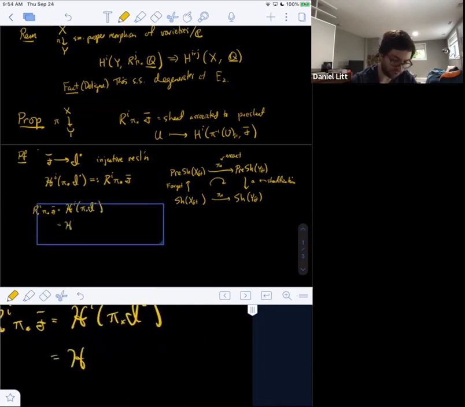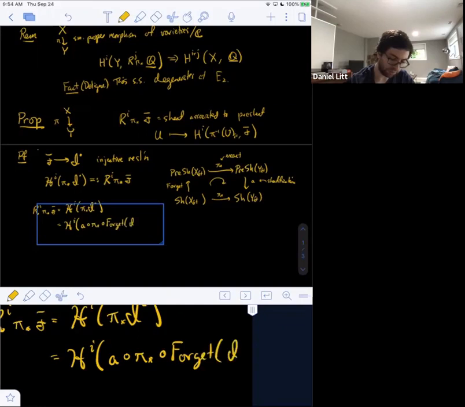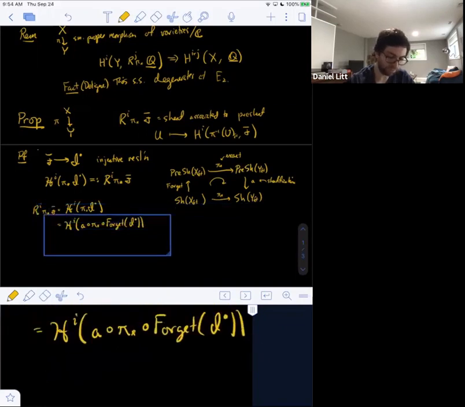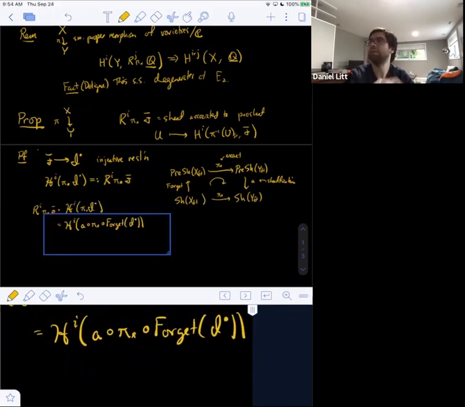So this is the cohomology of sheafification, which I call A, composed with π lower star, composed with forget, applied to I bullet. Do you guys agree with this so far? All right, I will take that as agreement.